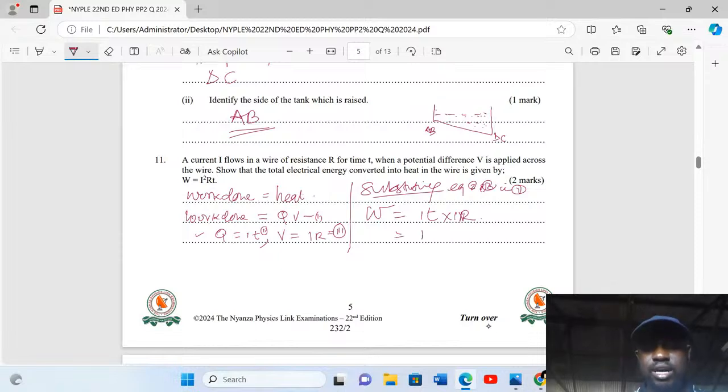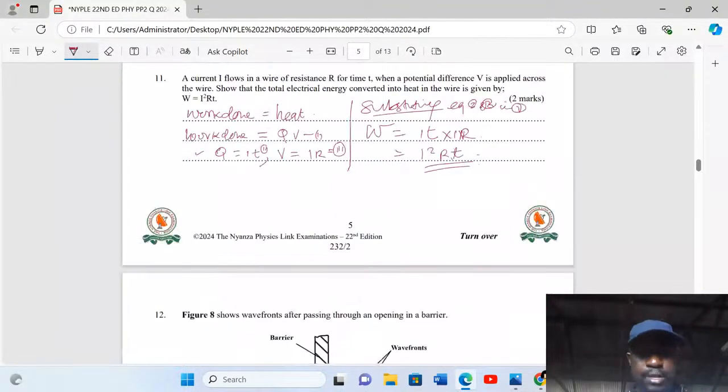And this will give you the I squared RT. We can move on to the next part.